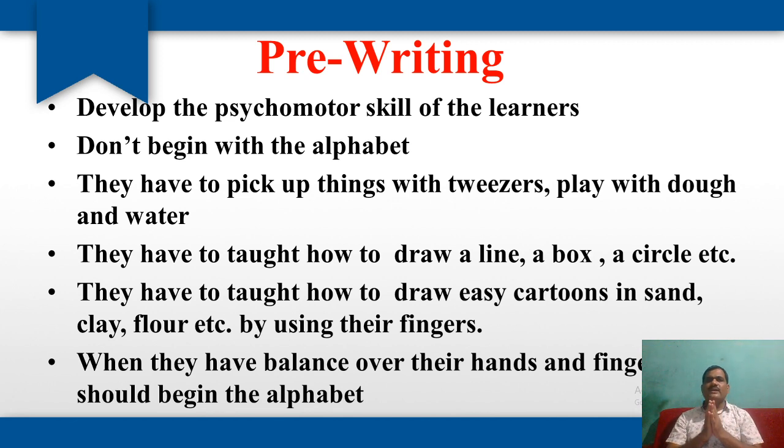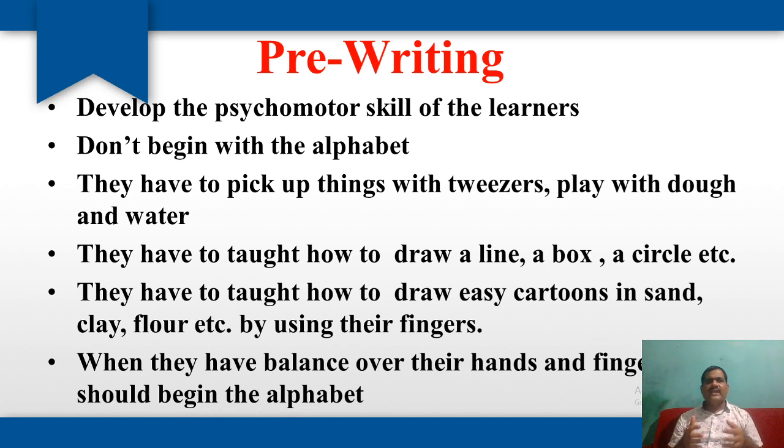First you have to develop the motor skill of your learners, that is the psychomotor skill. In the psychomotor skill, you have to develop both the fine motor skill and the gross motor skill. But directly you should not start the alphabet. For that purpose, you have to conduct activities such as picking up things with feathers, and playing with dough and water.